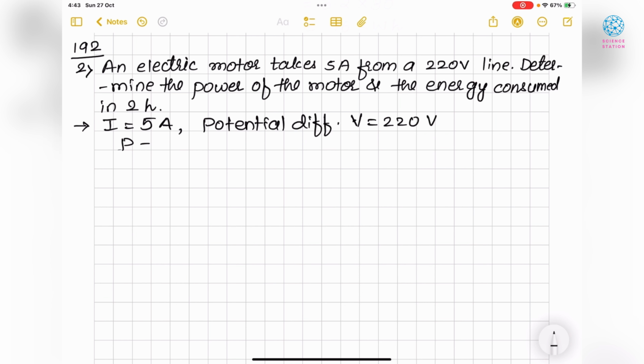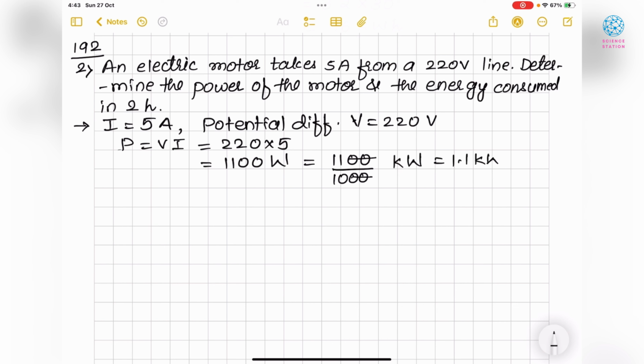So P will be equal to VI. So that will be 220 into 5. So that will be 1100 watt, which will be equal to 1100 upon 1000 kilowatt. So that will be 1.1 kilowatt.